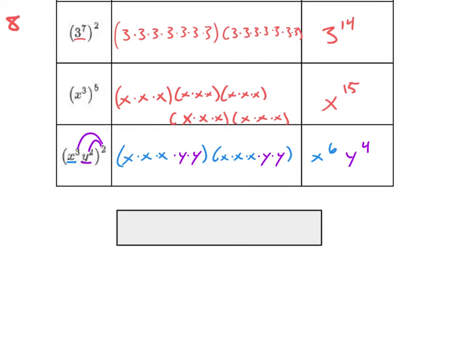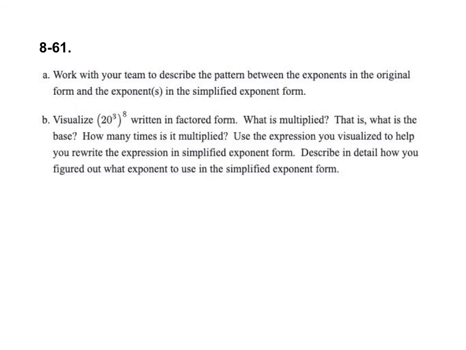Before we move on, let's summarize this just one more time here on the next page with problems A and B. So here on problem A, it says work with your team to describe the pattern between the exponents in the original form and the exponents in the simplified form. Well, we just said that if we had something like 8 to the second being raised to the fourth, we were just multiplying the exponents. That was equal to 8 to the second times by 4.